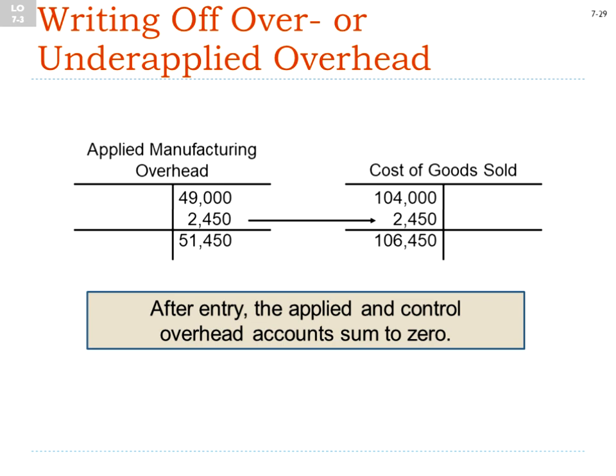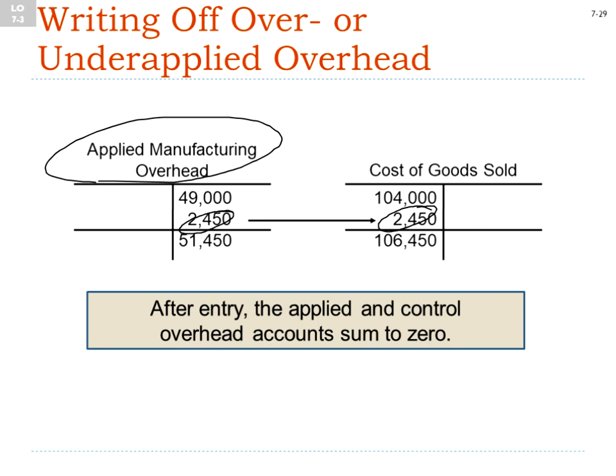Remember that we underapplied it in this situation. Then we're going to have to make an adjustment, and for underapplied overhead, the applied overhead account is credited for 2450, and cost of goods sold is increased by 2450.